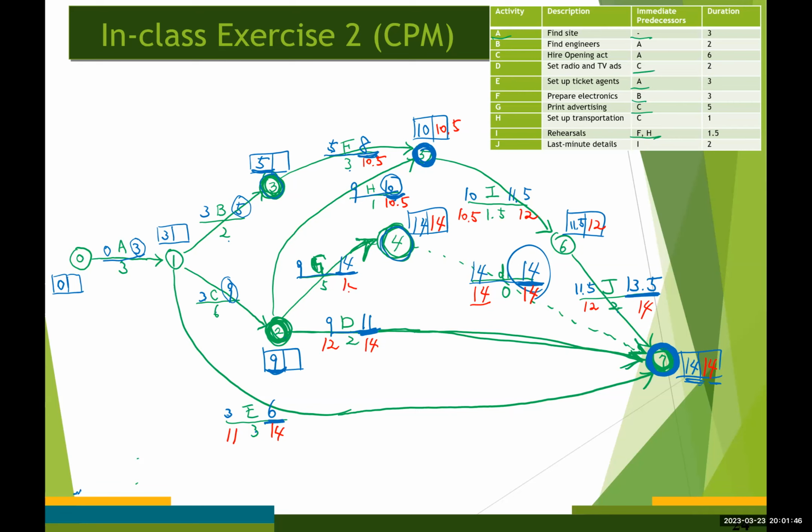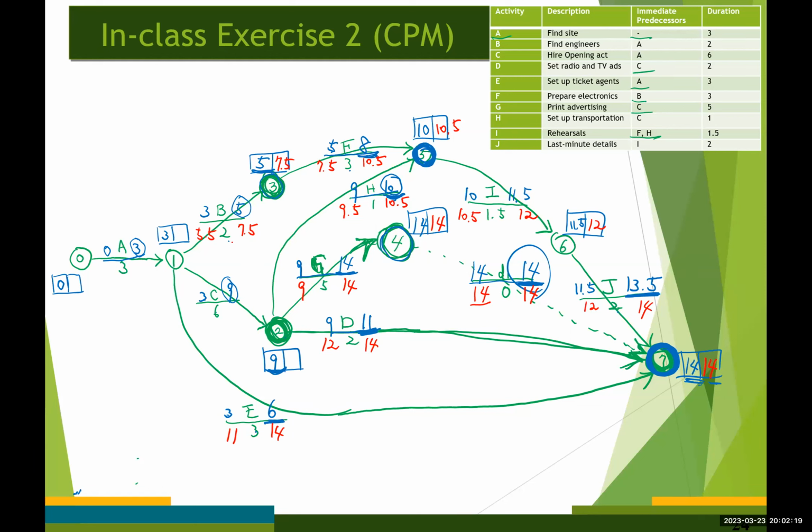And then 14 minus 5, 9, right? And 10.5 minus 1, 9.5. 10.5 minus 3, 7.5, right? So we have 7.5, 7.5 minus 2, 5.5. Okay. Did I miss anything?